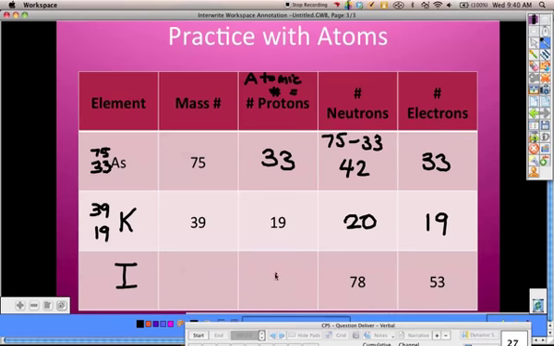So I can write 53 for my number of protons or atomic number, and I can put 53 on the bottom here. What two numbers do I add together to get the mass? Protons and neutrons. So 53 plus 78 gives me what for my mass? 131. 131. Thank you.